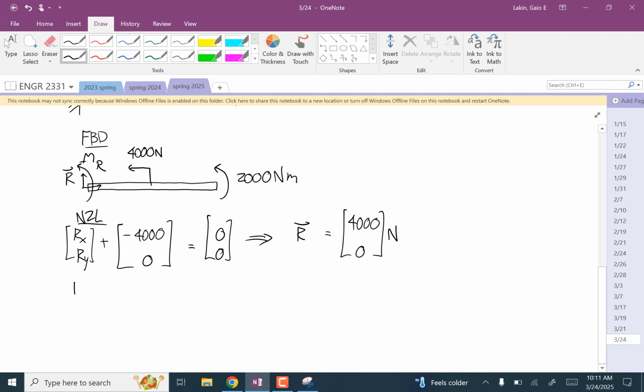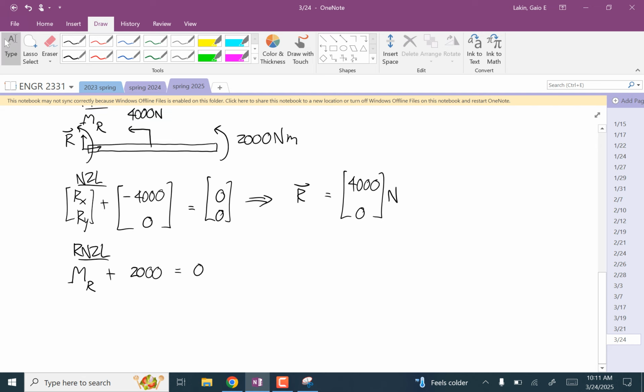And then the moment equation, we have MR plus 2,000 is equal to 0. So MR is equal to negative 2,000 Newton meters.